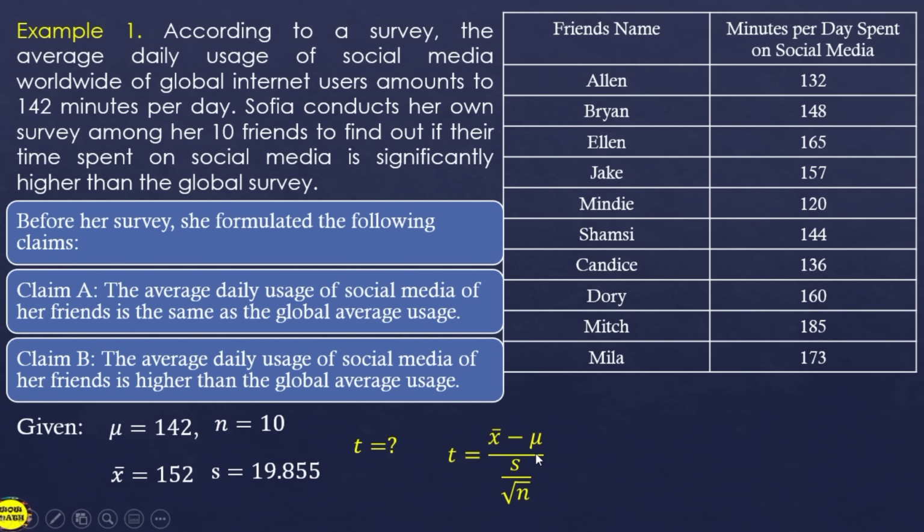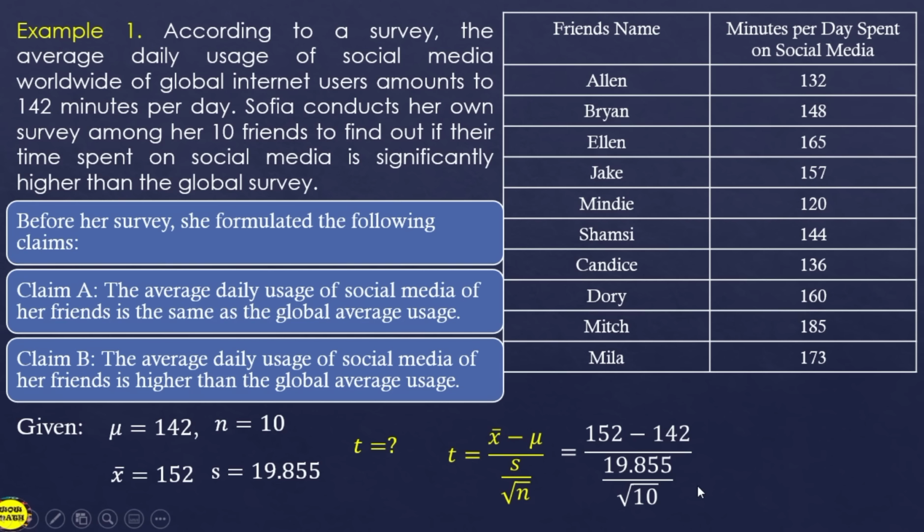We just substitute our given values: 152 minus 142 over 19.855 over square root of 10.